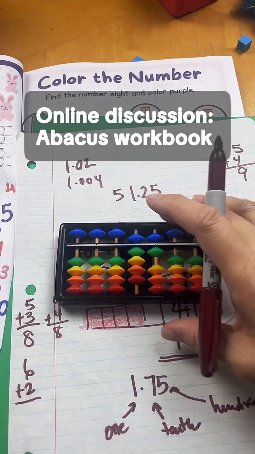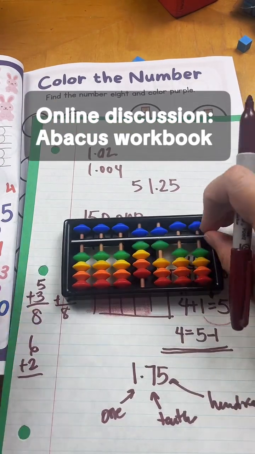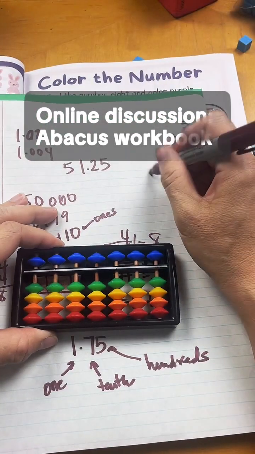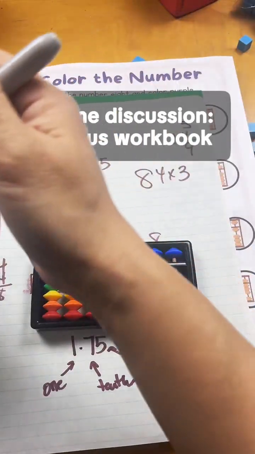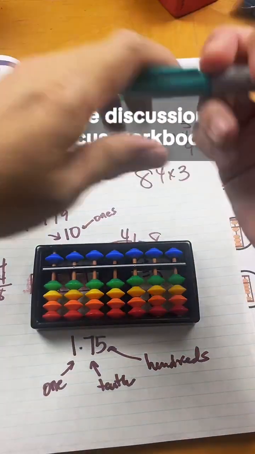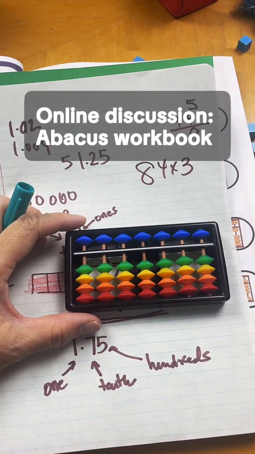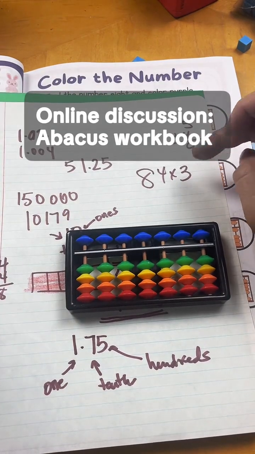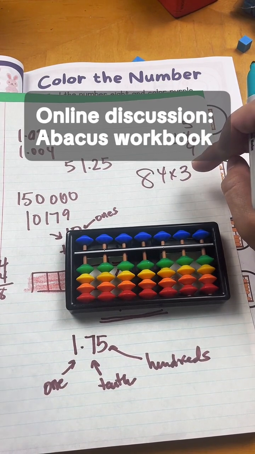Oh, multiplication. So we do multiplication. Let's do 84 times 3. I'm going to change it to a different color. In abacus, we need to find out what our place value is, because that's how we're going to know where we're going to put our answer.